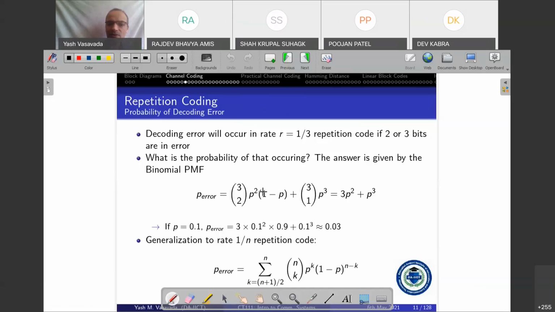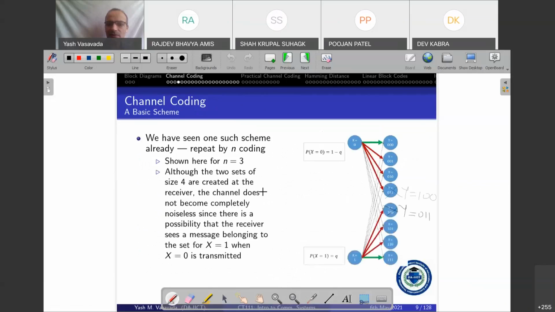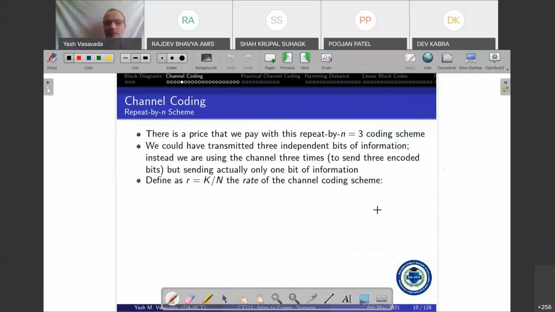That is the same as the probability of these 3 gray lines, each p squared times 1 minus p.